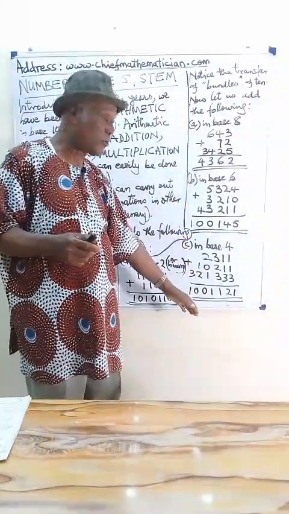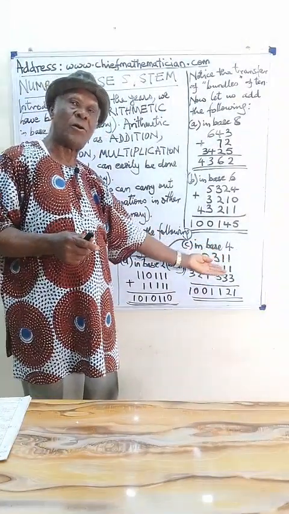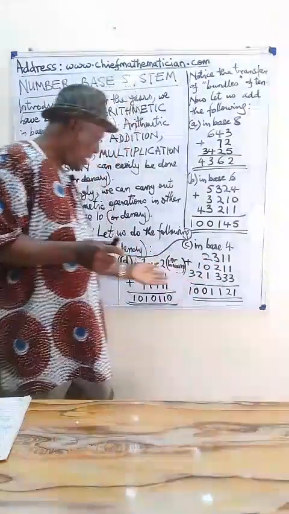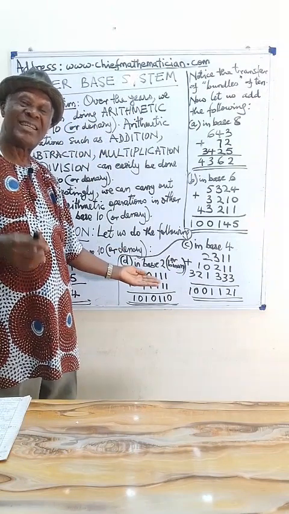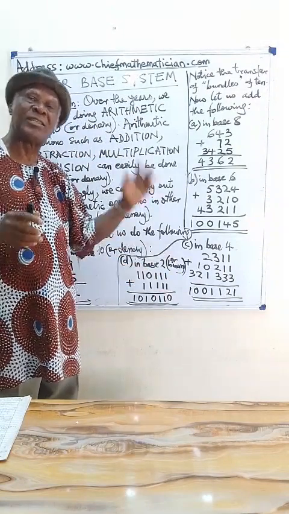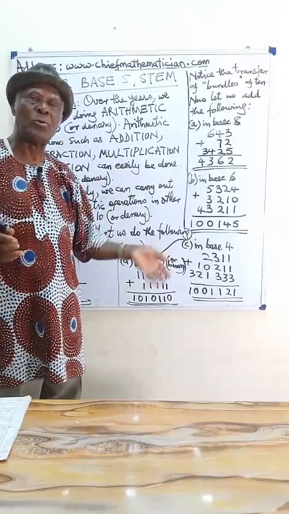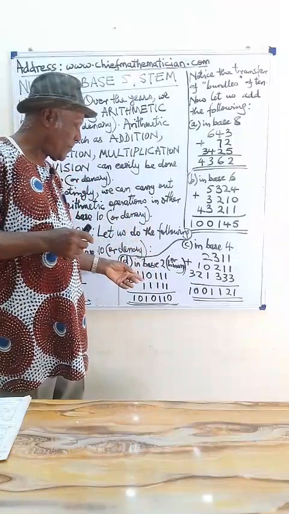And so on and so forth. Look at the numbers in base 4. You cannot get 4. The highest you can get there is 3. Then look at numbers in base 2. The digits you can get in any number in base 2 are 0 and 1. You cannot get 2, 3, 4, 5, and so on and so forth.